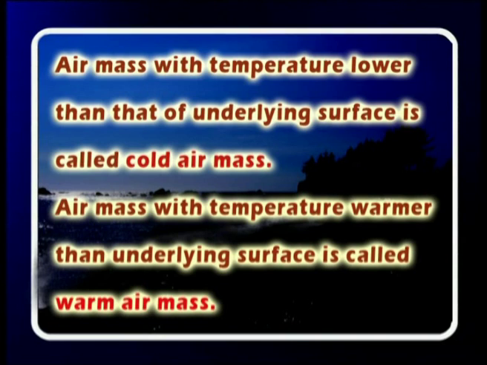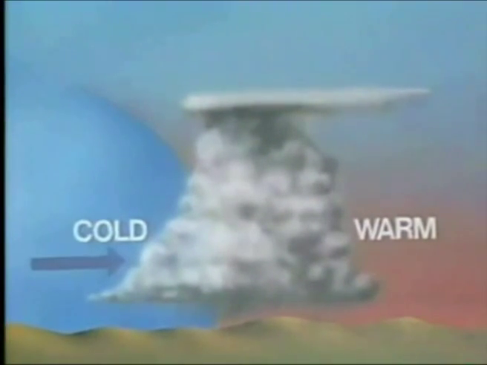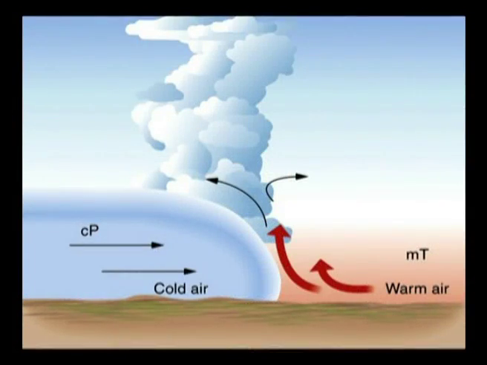An air mass with temperature warmer than the underlying surface is called a warm air mass. If a warm air mass moves from a warm land surface to a cold ocean surface, it is known as a warm air mass. When they come in contact with each other, they do not merge, but retain their identity. Cold air masses are more unstable than warm air masses.